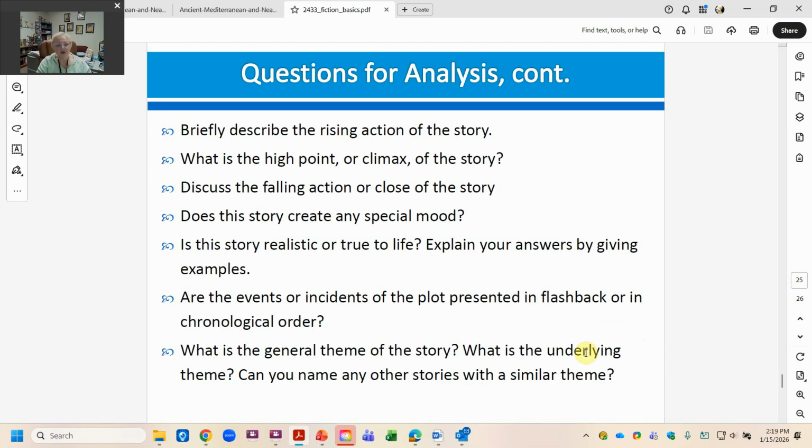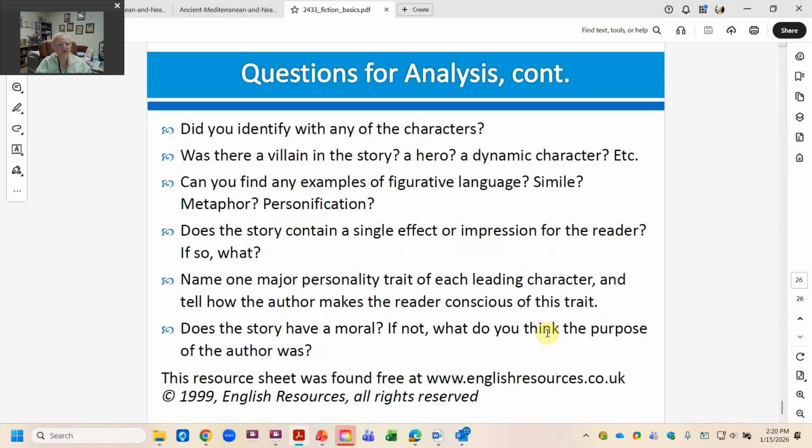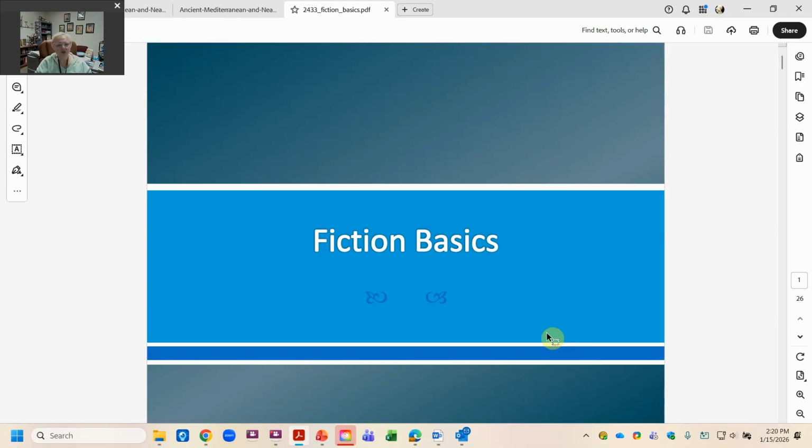Are the events or incidents, the plot, represented in flashback or in chronological order? These can help you break down what's going on and maybe figure things out. So again, that's for you to use if you need the help. There are lots of other questions that you can ask, but those are some generic ones that are usually pretty static. Okay, well, I hope that helped give you a real grounding in some basics.